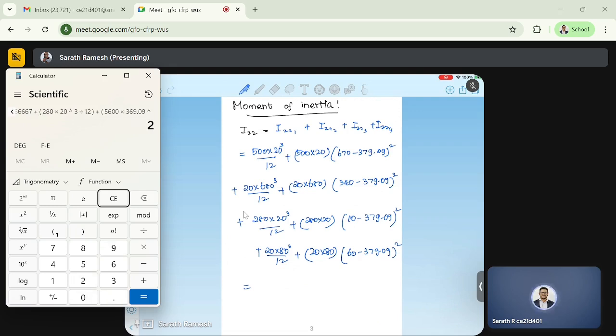Okay, this, plus the last term, 20 into 80 cube by 12, plus 20 into 80 into 60 minus 379.09, the whole square.